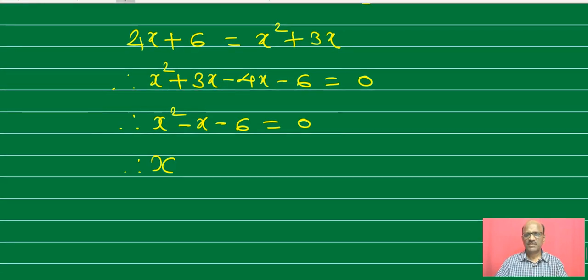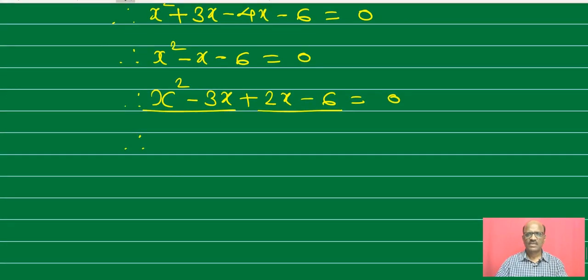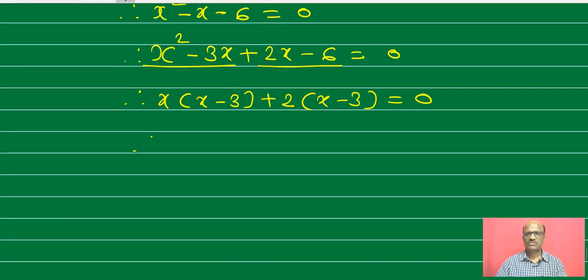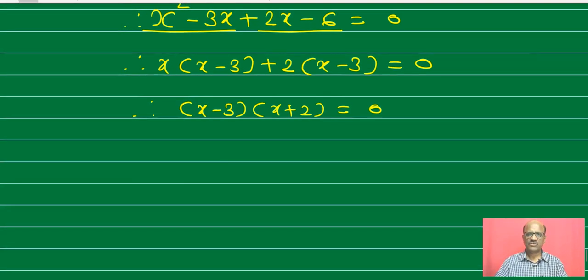Therefore, the factors: x square minus 3x plus 2x minus 6 equals to 0. Therefore, x common, x minus 3, 2 is common, x minus 3 equals to 0. Therefore, x minus 3 in first bracket, second bracket x plus 2. Therefore, x minus 3 equals to 0 or x plus 2 equals to 0.